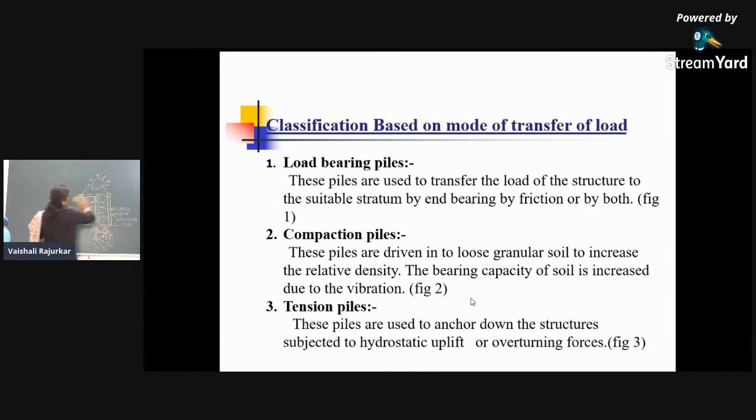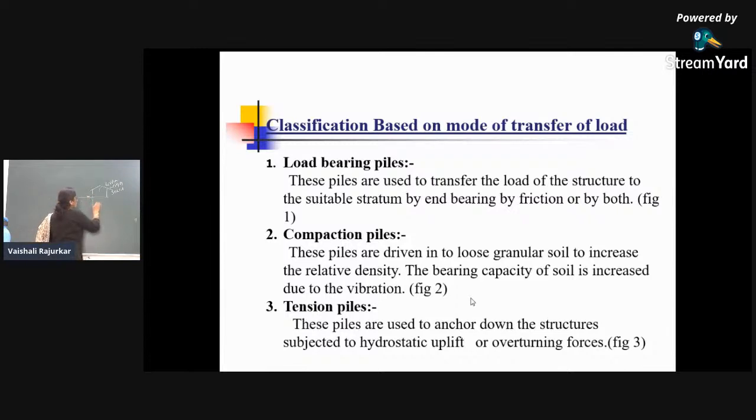Then the third pile is the tension pile. So what is meant by a tension pile? The piles which are always in tension. You can see here this is the water table, and over the water table there is a structure, a lightweight structure.